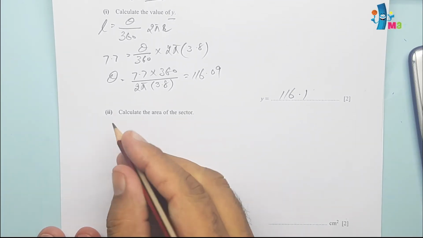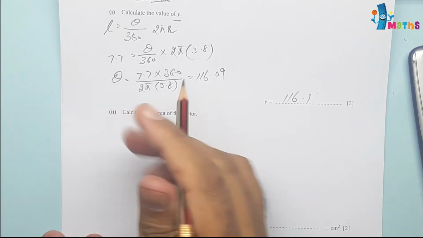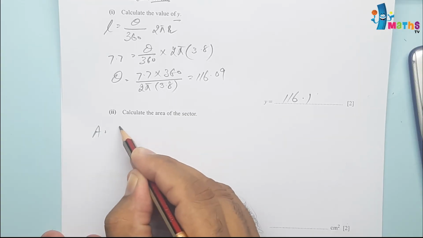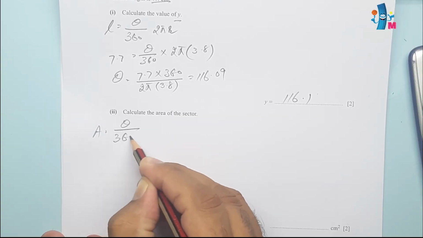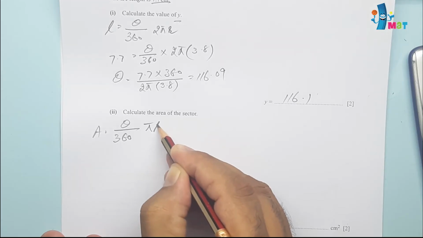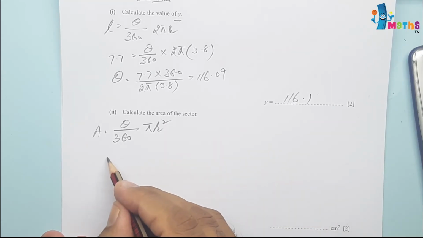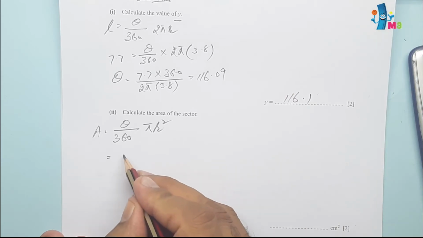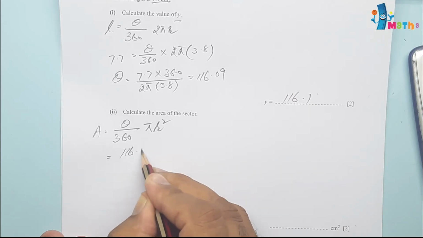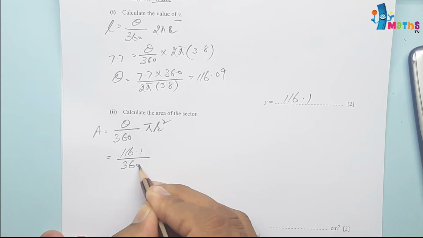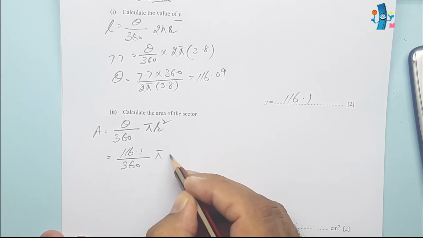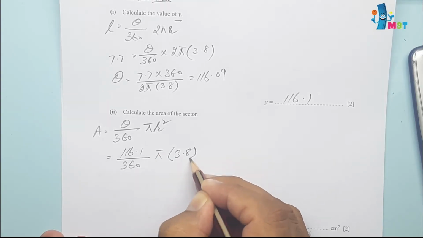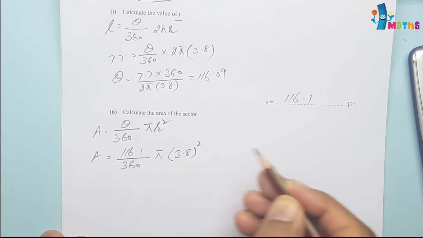The area of the sector formula we have is area equal to theta over 360 times pi r squared, and theta we know is 116.1. So 116.1 over 360 times pi times 3.8 squared.